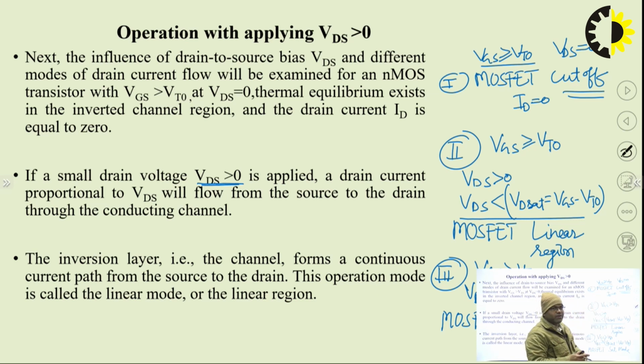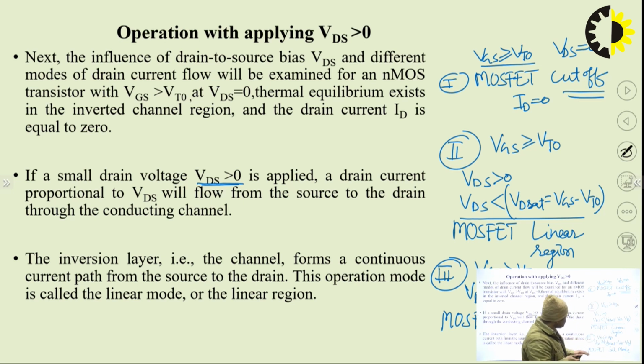Next, VDS is applied, the value of VDS is positive, but VDS is less than VD saturation, meaning VDS is less than VGS minus VT, then the MOSFET will operate in the linear region. As we increase VDS, we get an increment in ID. VDS and ID have a linear relation, VDS is proportional to ID.